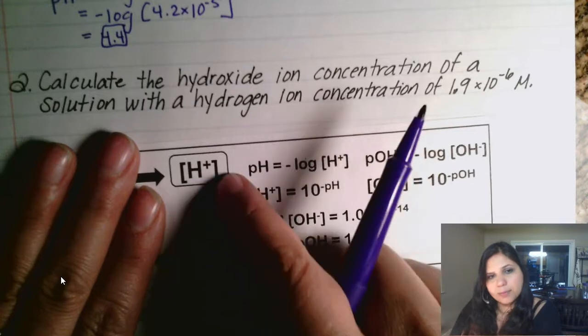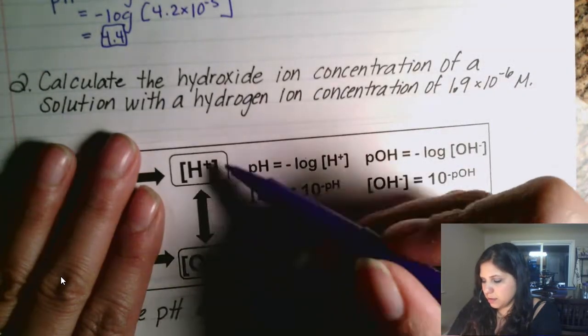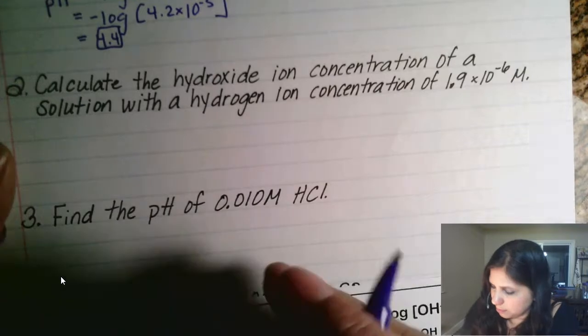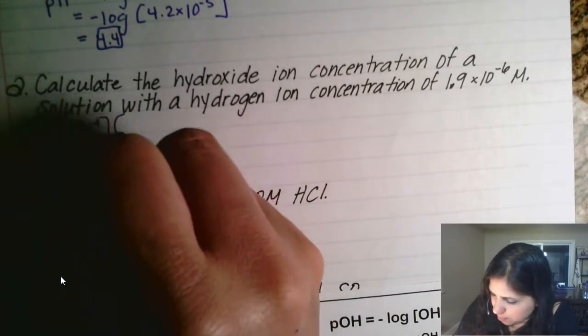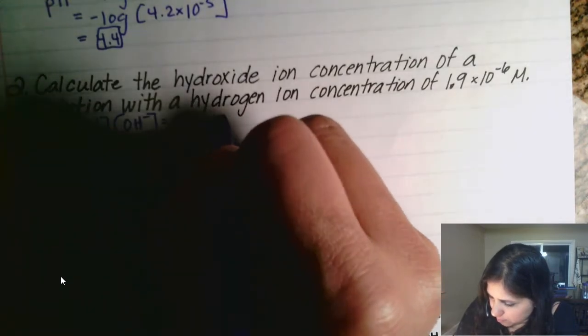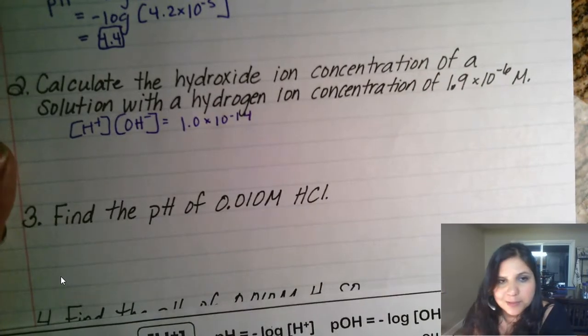So that's a one-step problem right there and there. So we need a calculation that has that in it. So here and here, that's this one. So I'm going to write that down. Kind of hard to see, but there it is.